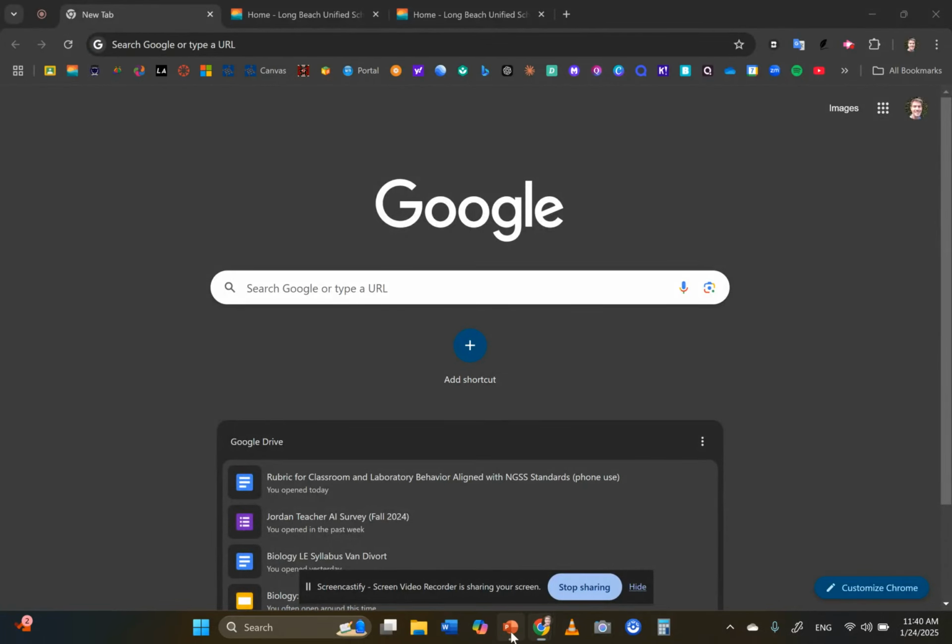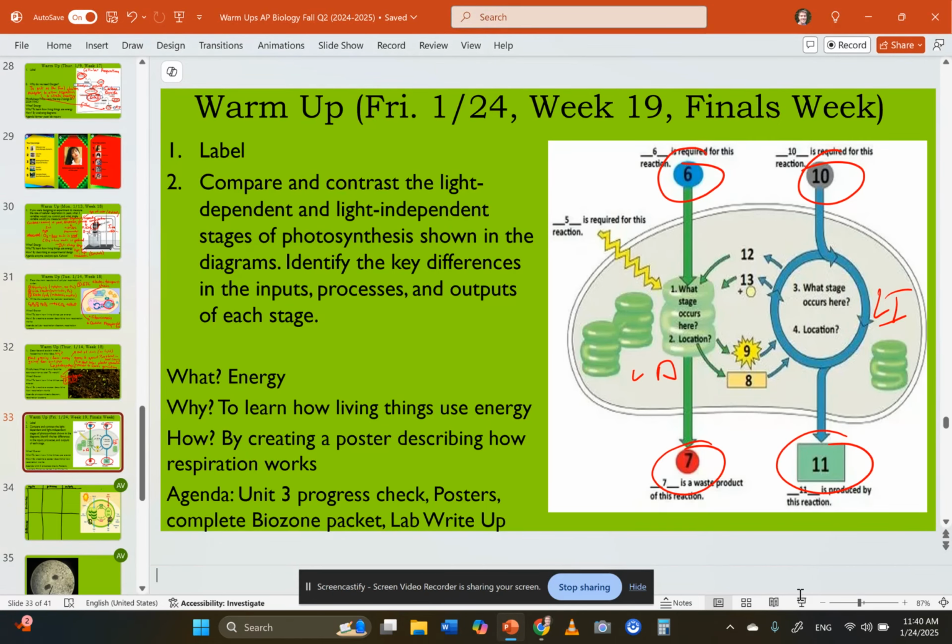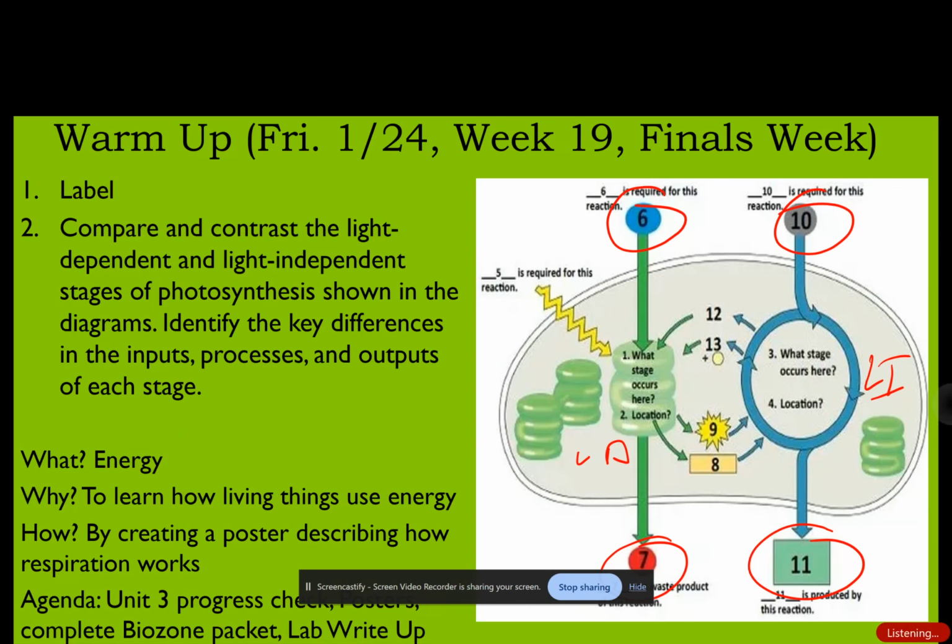Which one is glucose? There we go. So the 6, 7, 8, or 11, which one is glucose?